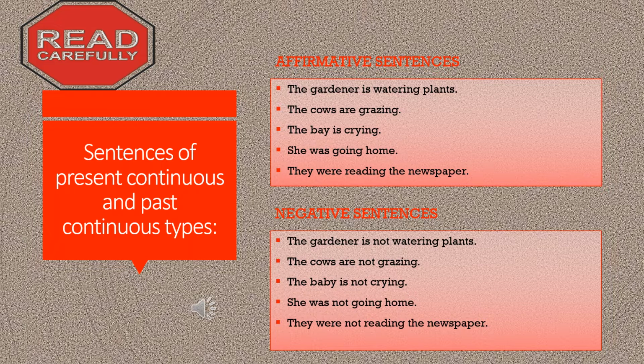As we see in negative sentences, the verb is followed by not plus the ing form. As we can see, not watering, not grazing, not crying, not going, not reading. And these are preceded by is, are, was, were.